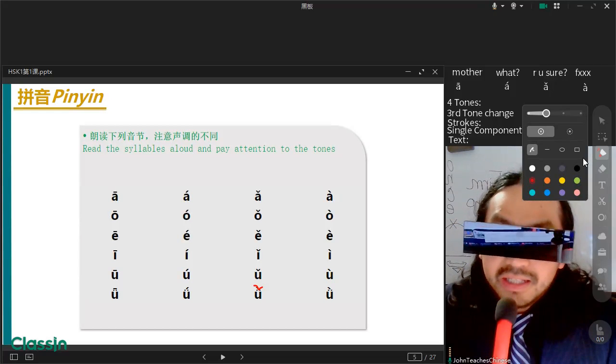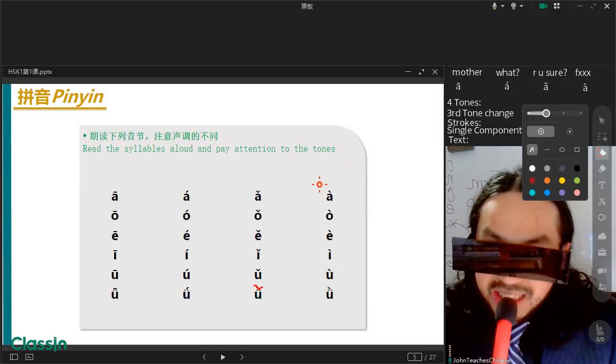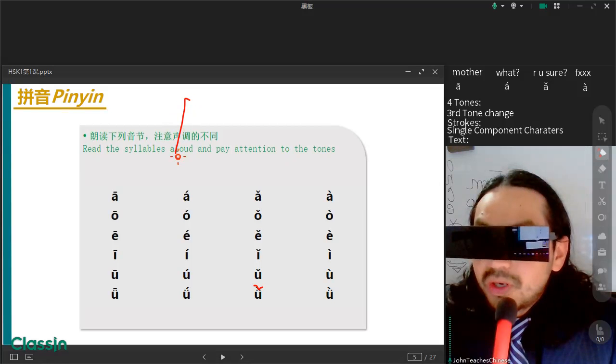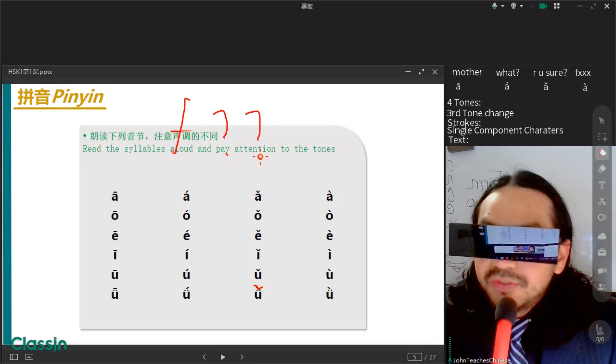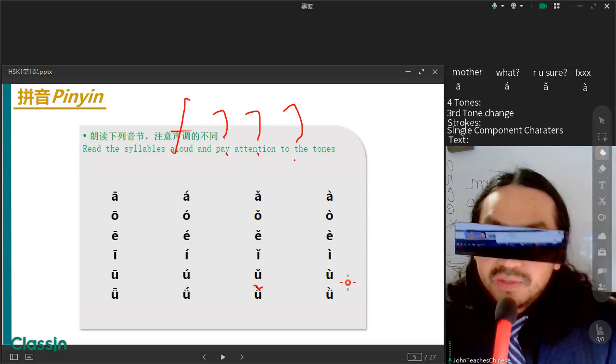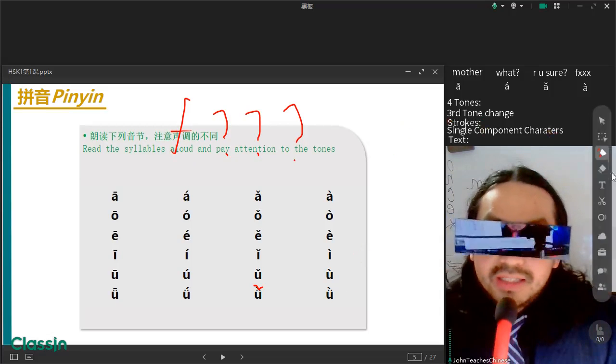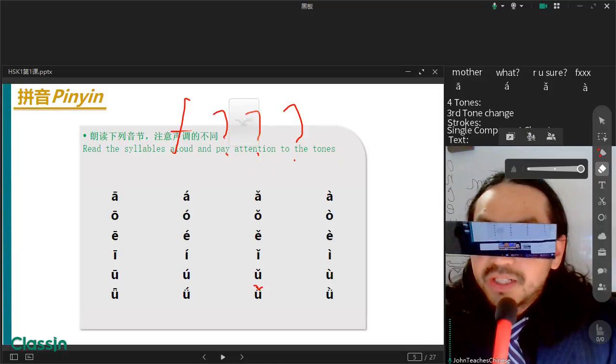The waiter said it's originally Qatari food, but when I ate the food, I said yuck. Or the easiest one, if you can't remember what the fourth tone is, you are going to say, I will not say it. It's just that kind of feeling.